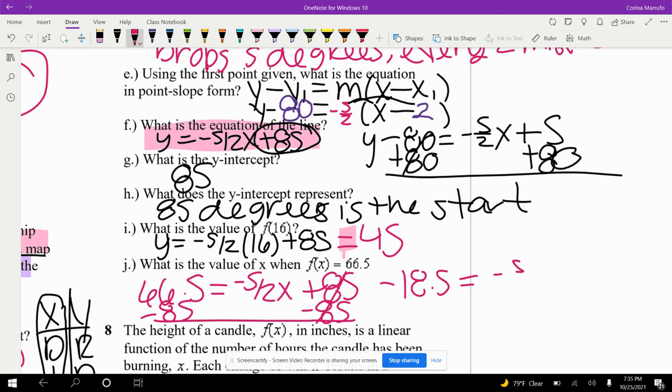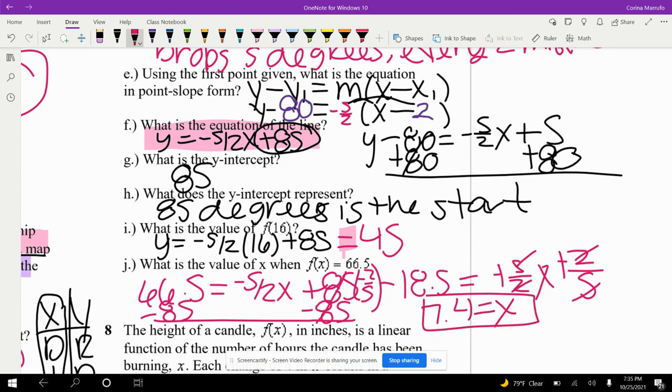This is equal to negative 5 over 2x. And then we go ahead and multiply times the reciprocal. What I do to one side, I have to do to the other side. The 5's cancel, the 2's cancel, the 2 negatives make a positive. And then when I multiply this times 2 over 5, gives me 7.4 is equal to x.